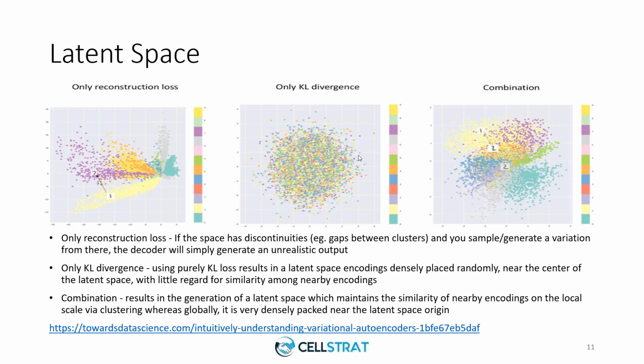Okay, there's a question over here. Does that mean that VAE produces more smooth output? It produces more smooth output, but with respect to what? Are we discussing with respect to autoencoders? Yeah, definitely it does.